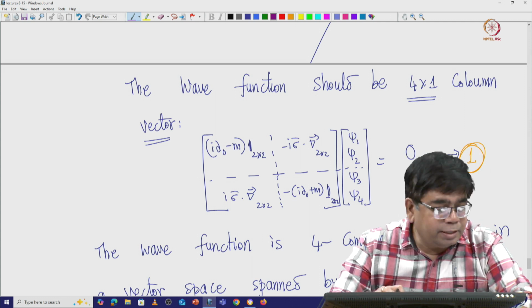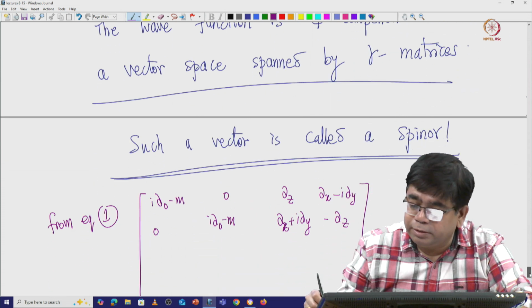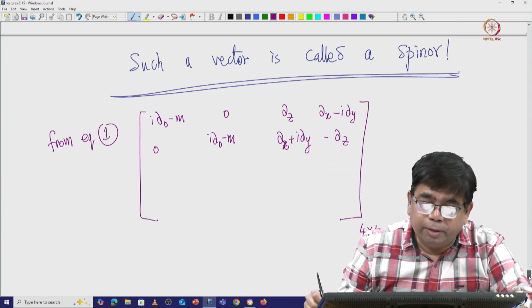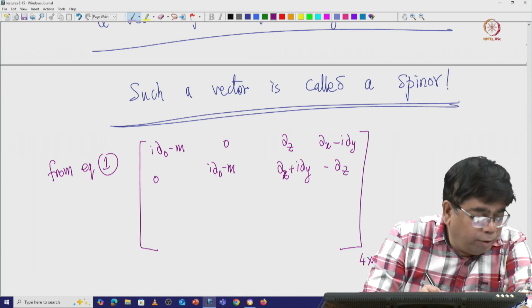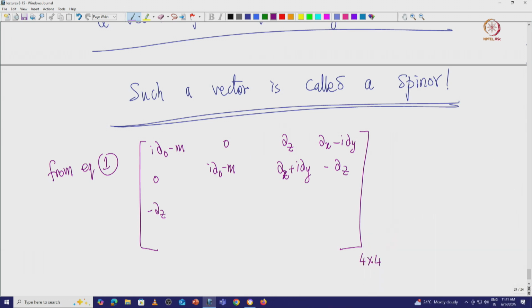So this has a form which is given in this fashion. Now the lower 2 by 2 block is minus I del z, minus del x plus I del y, minus del x minus I del y, del z, and this part would be I del 0 minus m, 0, 0, minus I del 0 minus m.